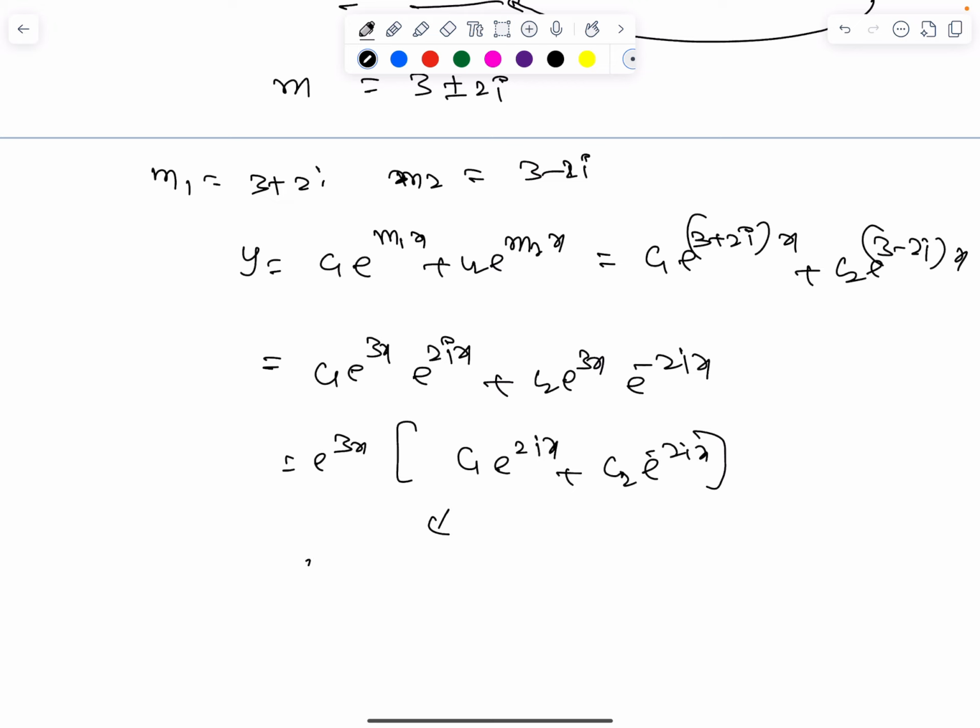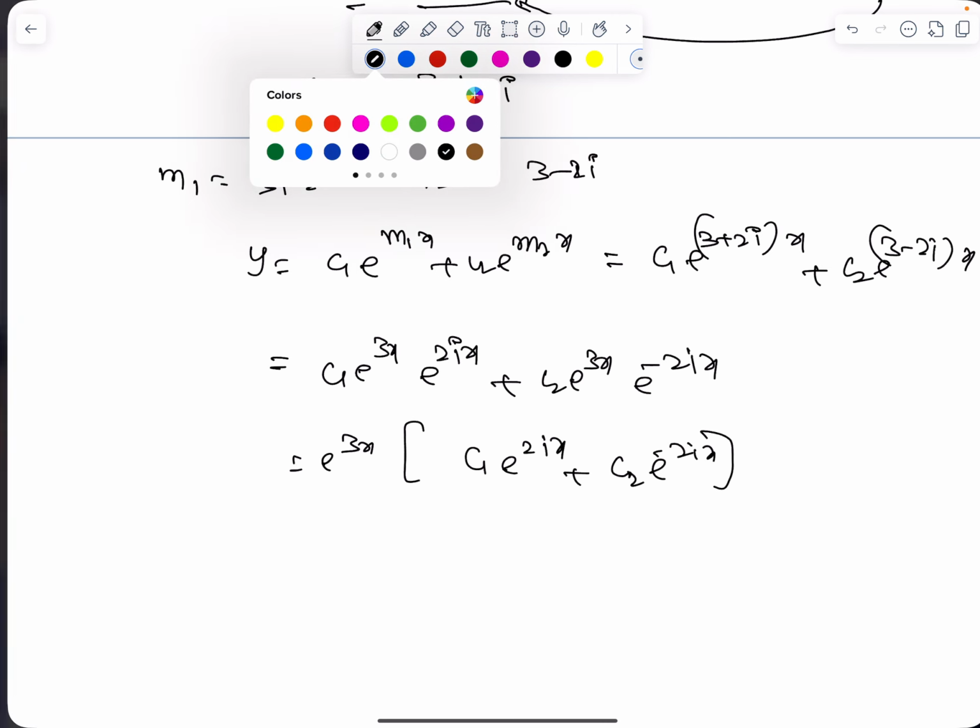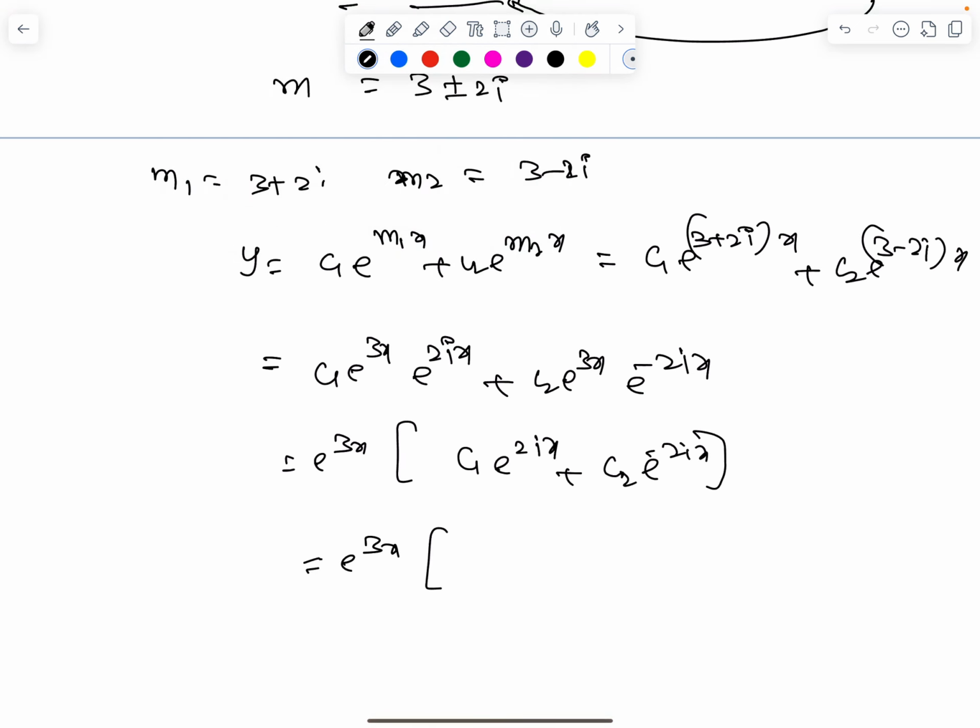Further simplification leads to e power 3x into c1 (cos 2x plus i sin 2x), similarly c2 times (cos 2x minus i sin 2x).